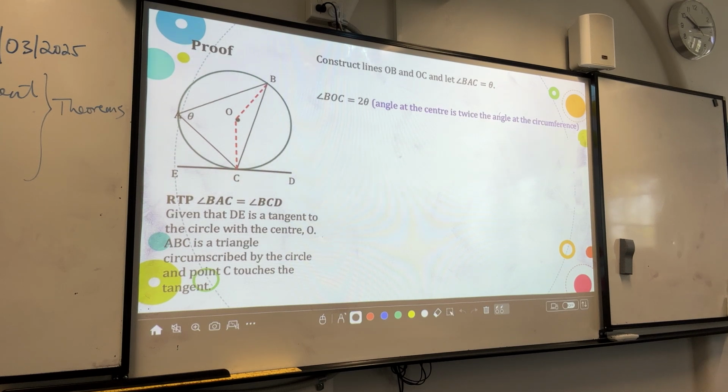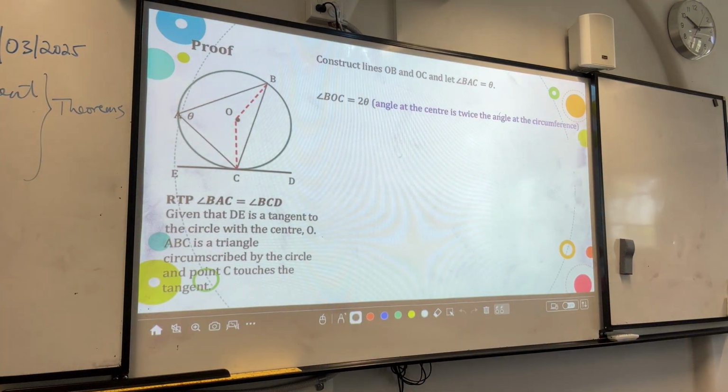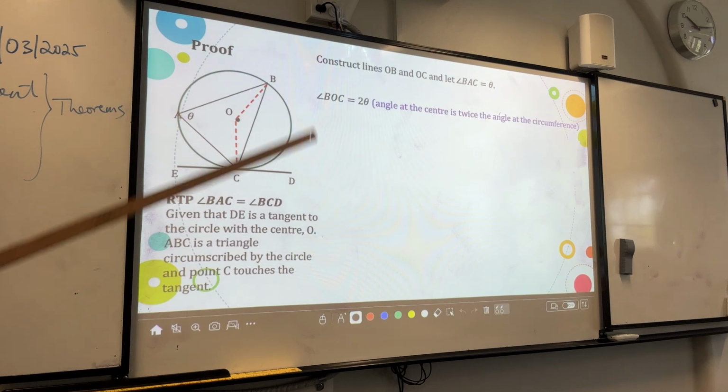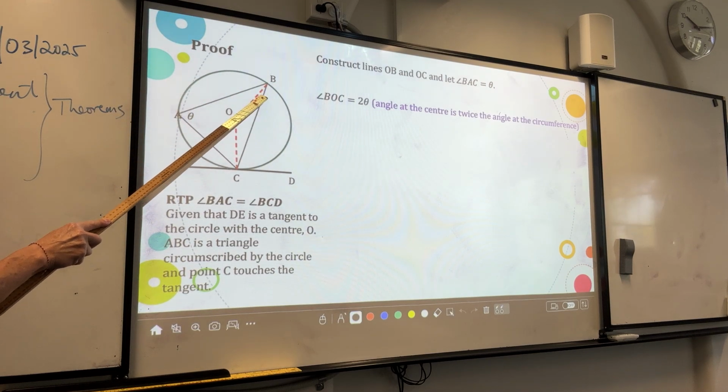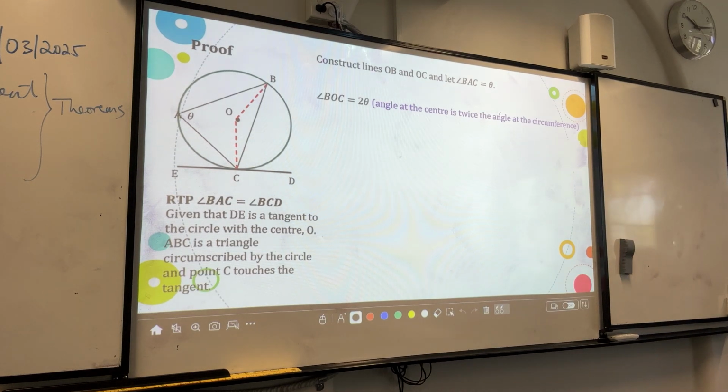Once you've done that, what's next? You need to use some other information that's given. You've got that and that. Very good. OB is equal to OC, which are the radii of the circle, and therefore you know that these two angles are the same, right? The base angles of an isosceles triangle. Excellent.